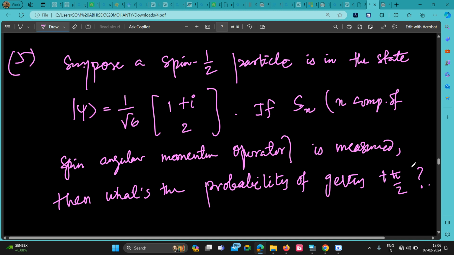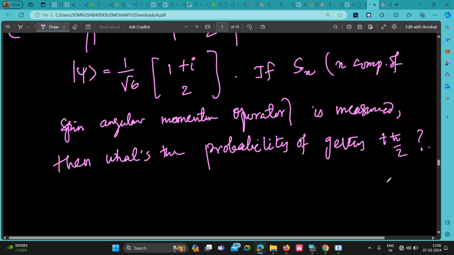Suppose a spin half particle is in the state psi is equal to 1 by root 6 (1 plus i, 2). If Sx is measured, then what is the probability of getting plus h cut by 2?